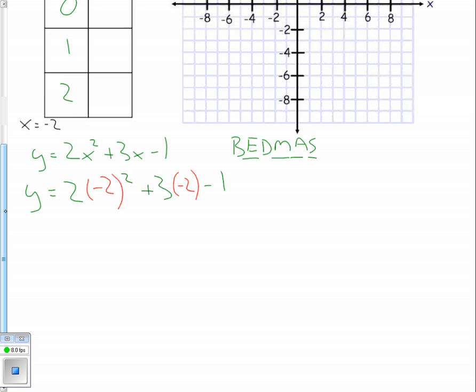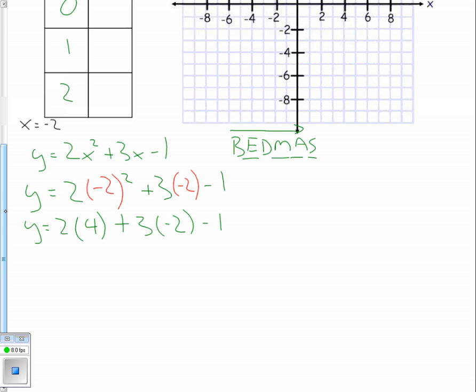So I'm going to use my Bedmas skills from left to right, and I'm going to start off by figuring out the exponent piece. So the exponent piece is right in here, where I've got the -2 squared. So 2 times -2 squared, -2 squared is equal to 4. And I'm just going to write out the remainder of the question.